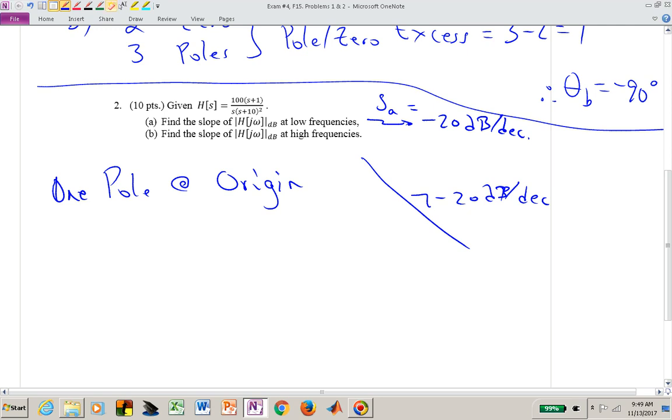But in this case, our answer for this particular transfer function is minus 20 dB per decade.